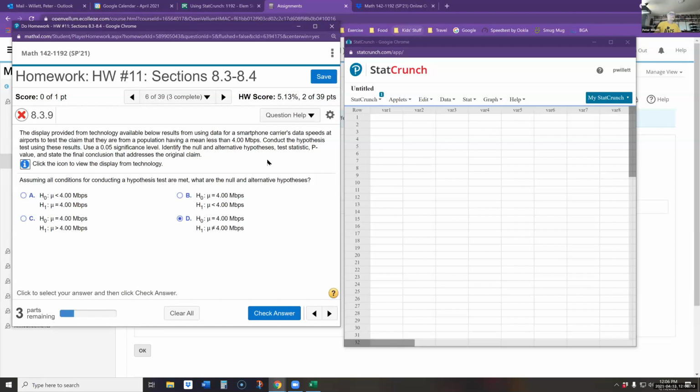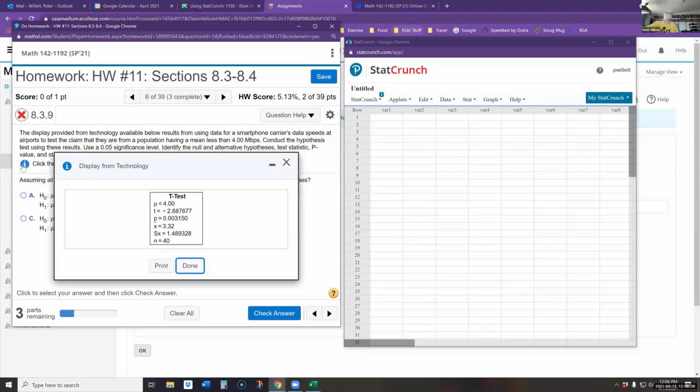All right, it says conduct the hypothesis test using these results. Use a 5% significance level, identify the null and alternative hypotheses, test statistic, p-value, and state the final conclusion that addresses the original claim. So in this case, they're not giving us the actual sample values that we would put into technology to get all of the results. They're just giving us the results from the technology.